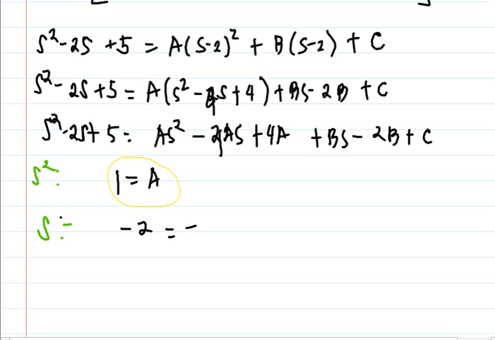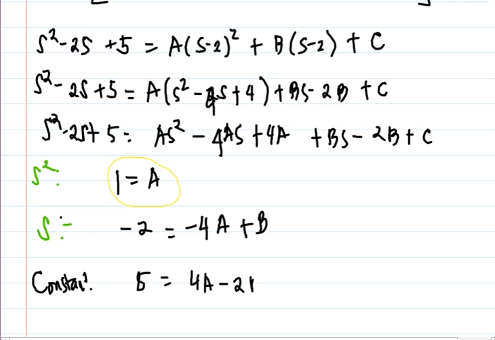So, negative 4As, so negative 4A plus B. Next, for the constant, we have 5 on our left, and on our right, we have 4A minus 2B plus C.